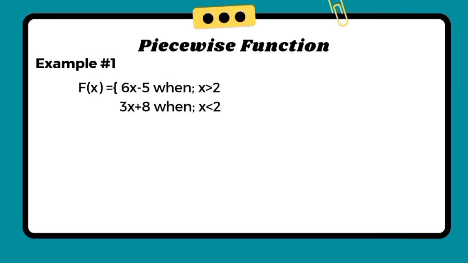So we have another part here: 3x plus 8 when x is less than 2. Let's find letter A, f of negative 3, letter B, f of 3, and letter C, f of 8. So we evaluate to see what the answer is for each given.